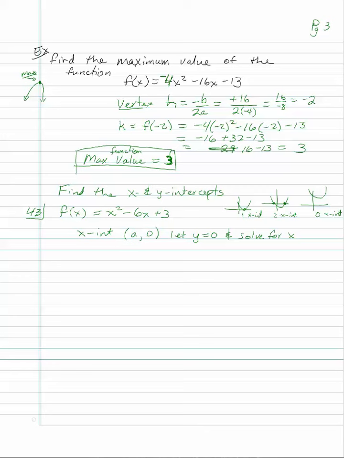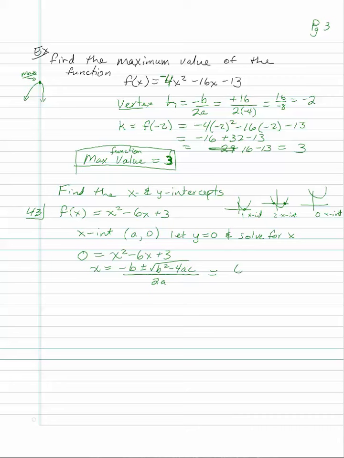So let's see here. We're going to put in 0 for y. Are there factors of 3 that add to 6? No. So we've got to do the quadratic formula. So x is opposite of b plus or minus square root of b squared minus 4ac, all over 2a.